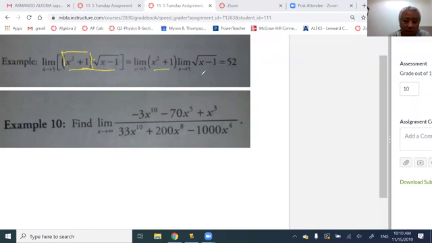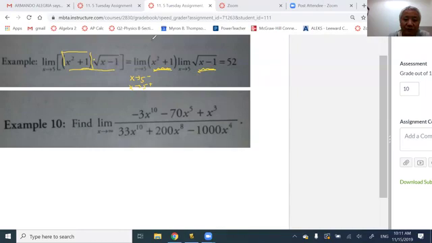And here, no matter whether x approaches 5 from the left side or from the right side, it's the same value. So we simply plug it in, because this expression is continuous at x equals 5.